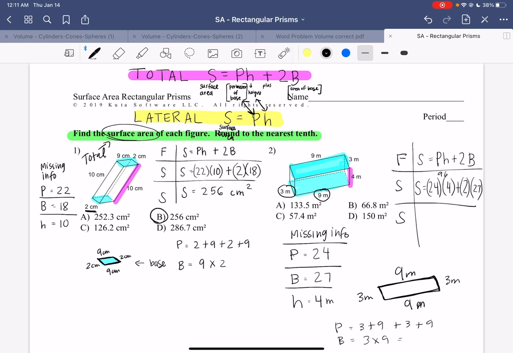And then 2 times 27 is 54. So we can add those up. 54 plus 96 is, our surface area is going to be 150 meters squared. All right, so those are our two examples that I'm going to leave you with there.